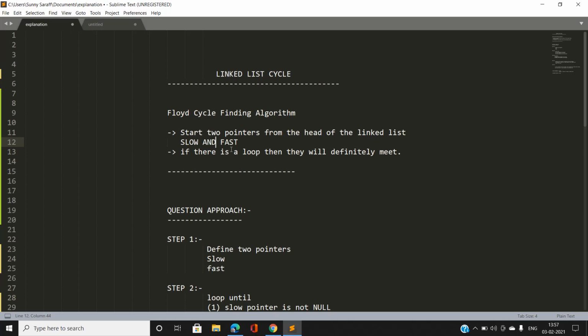If there is a loop in the linked list, then the slow and fast pointers must coincide with each other. Otherwise, if they don't coincide, then it is obvious that there is no loop in the linked list. So how are we going to prove this? How do we say that if the slow and fast pointers coincide, then there is a loop in the linked list? Let us understand this also first.